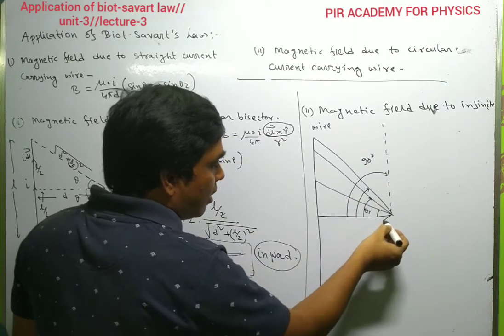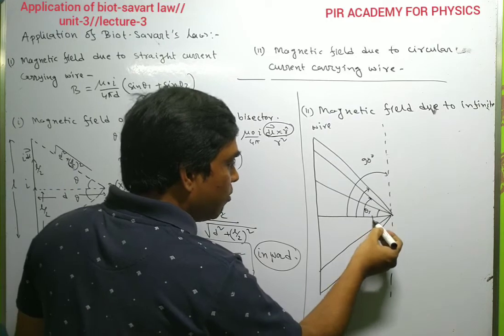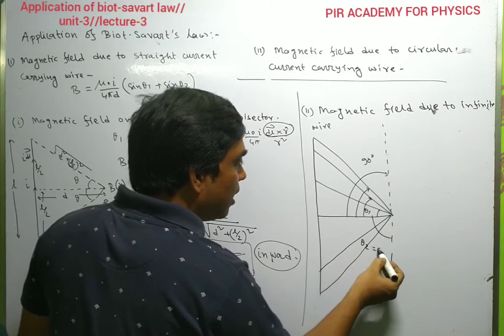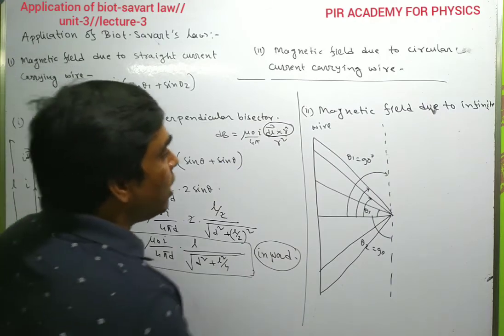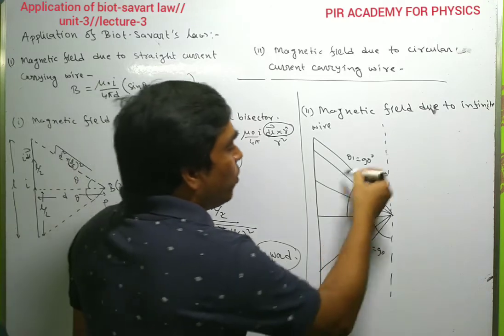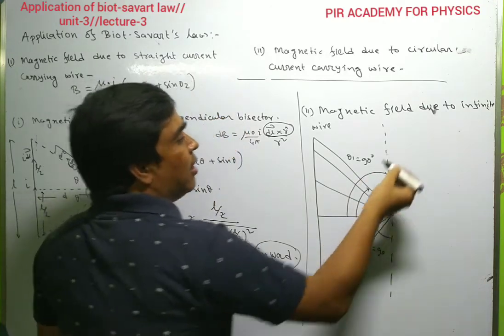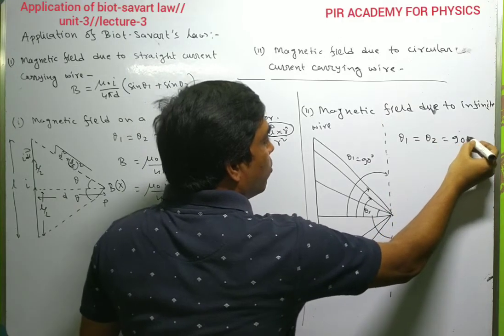So in this region it will be 90 degrees. So theta 2 will be 90 degrees and theta 1 will be 90 degrees. So for an infinite long wire, both angles will be 90 degrees. Then theta 1 equals theta 2 equals 90 degrees.